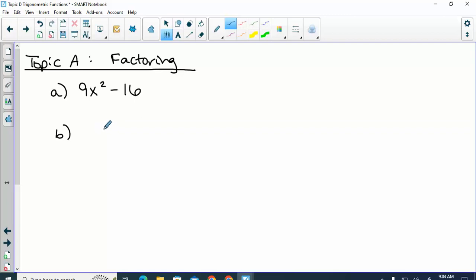I'm going to try to put a few up here. See if you guys can factor. Do you want us to factor all the way or just? Yeah, you're not solving, but just factor it as far as you can.